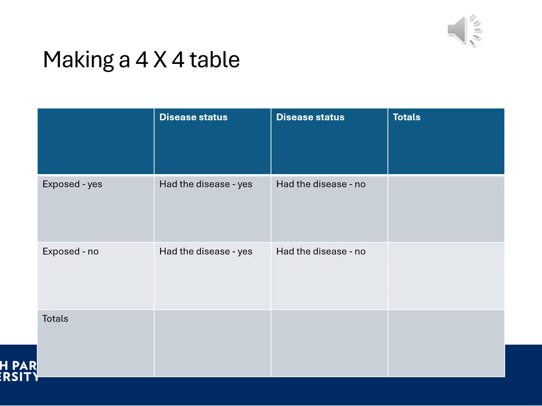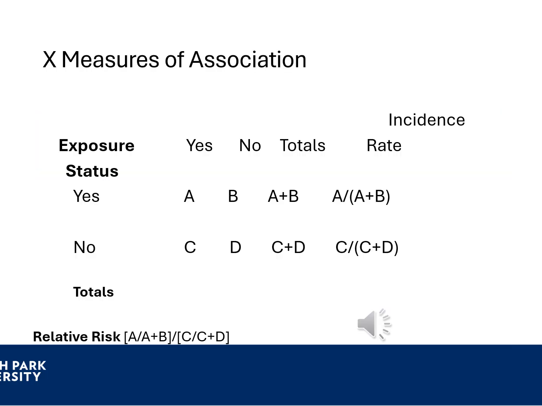And that'll be important in the next slide because we can simplify this down to a formula. The slide looks more complicated, it's actually quite simple. And I'll prove that if you can take the numbers from PowerPoint slide 8 and create your own table, you will see that A divided by A plus B, divided by C divided by C plus D, indeed comes up with the particular relative risk that we were looking for.